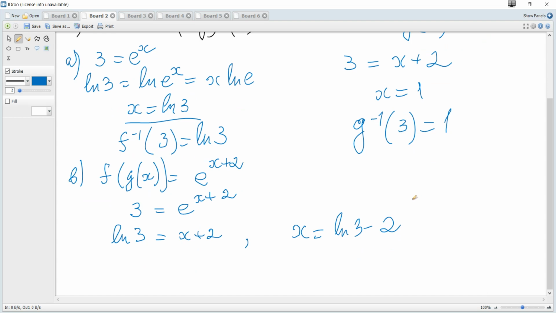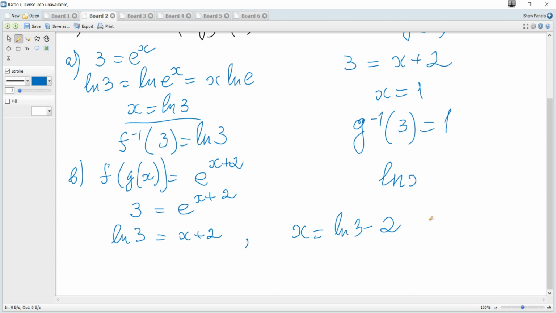Properties of ln are given in the data booklet, and I have used the property that ln of x to the power of m, or for a logarithm to any base, is m ln x, and log a of a is 1 by definition.